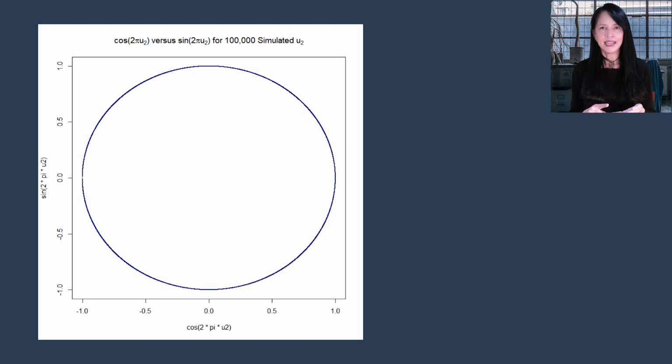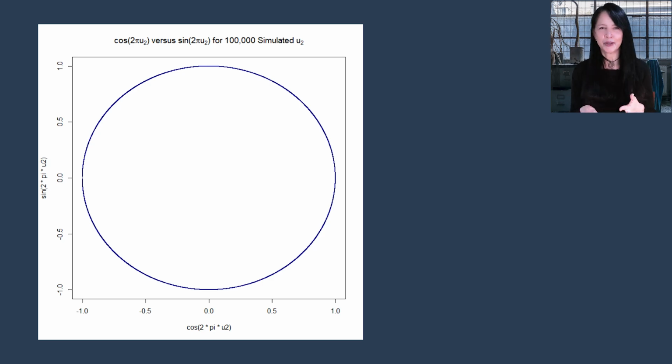And what you're seeing is points going around the unit circle and appearing to hit everywhere around the unit circle. So it's not like we're just getting certain angles here where we're going to take our square root of negative 2 log u1 and potentially flip it only in some regions. We do see that we're going all the way around the unit circle. So I don't know if that makes you feel any better about my informal support transformation.